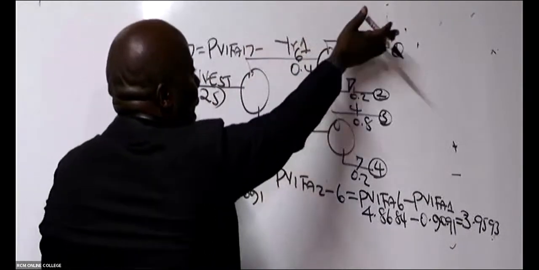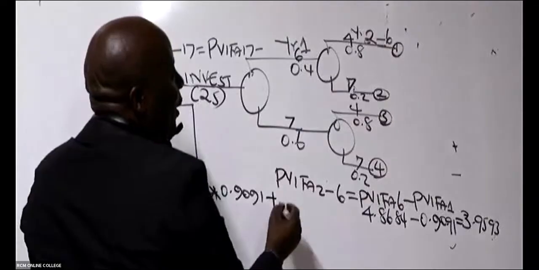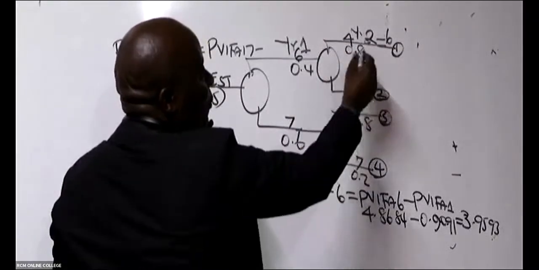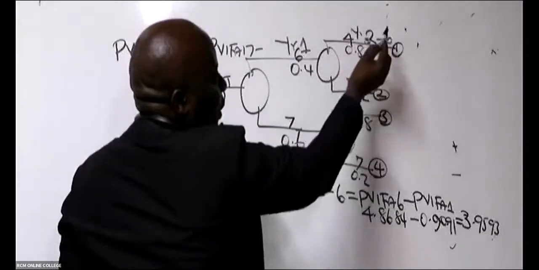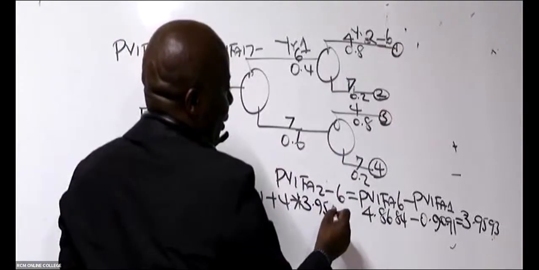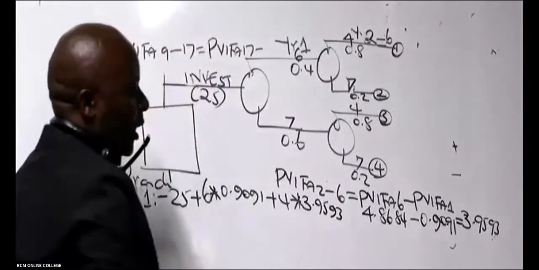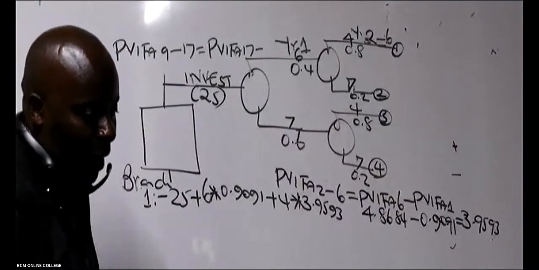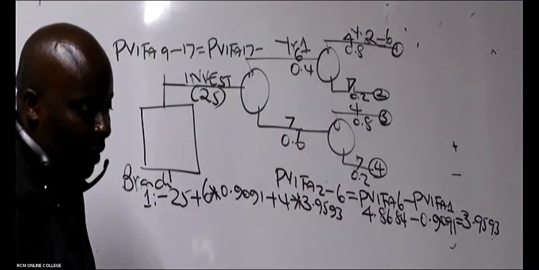I can see that I have got this 4. I'm going to multiply it with PVFA because it is from year 2 to year 6. And this PVFA, you guys have given me 3.95, 93, the present value interest factor of an annuity for 6 years.